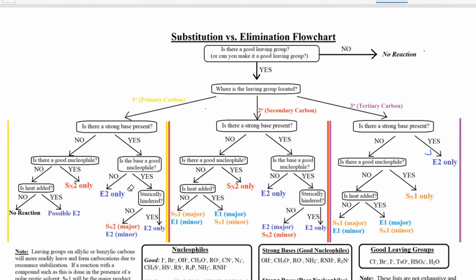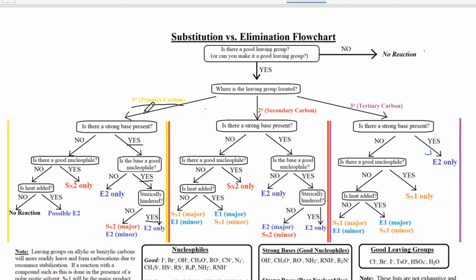Let's say I'm doing an example like, okay, where's the leaving group located? Primary, okay. Primary leaving group. Is there a strong base present? Yes. Is the base a good nucleophile? Yes. Is it sterically hindered? Yes. I get E2. Okay.